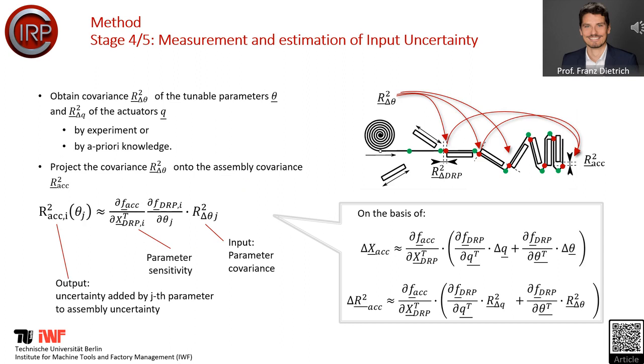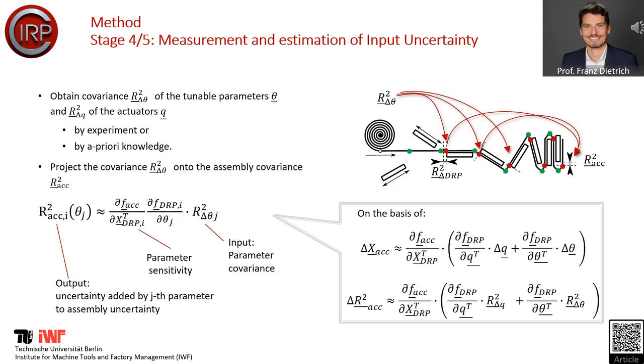Mainly the covariance of each of the inputs is sought. This is either done by experiment or by a priori knowledge, let's say by data sheets or other information that is available beforehand. There are now 2 methods to project these input uncertainties onto the targeted assembly accuracy.